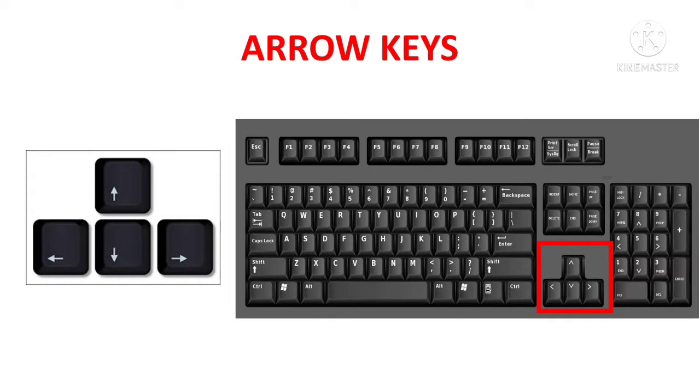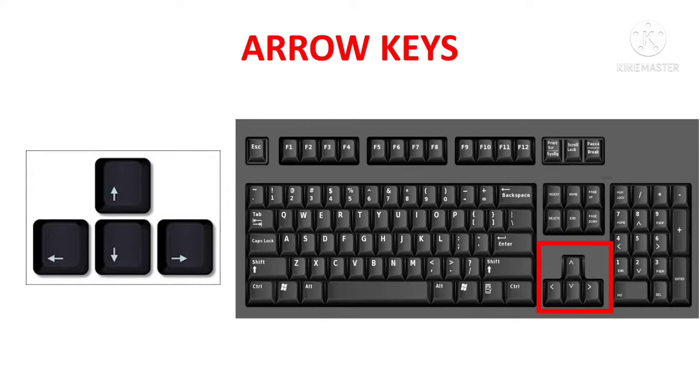Now we will learn the navigation keys. So cursor control keys or arrow keys. These keys are used to move the cursor on the screen. If you want to move your cursor on the screen without the help of mouse, so you can use these arrow keys.